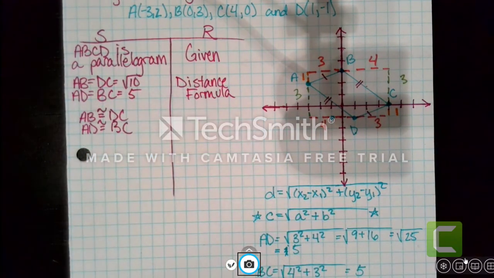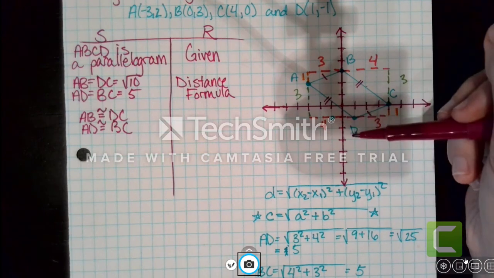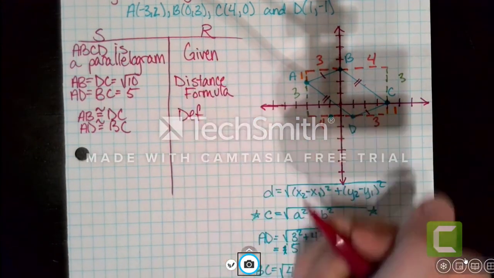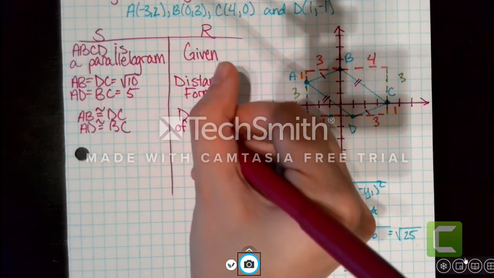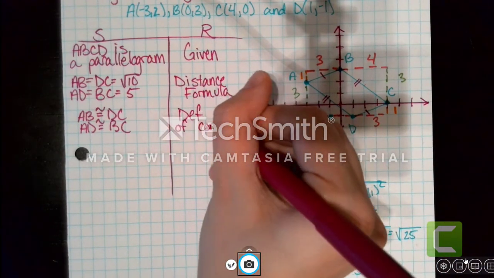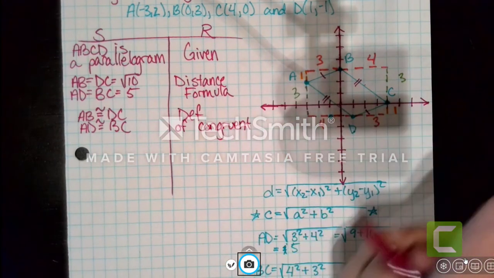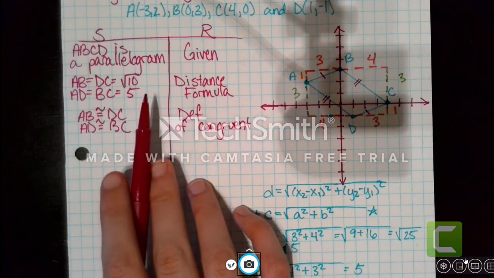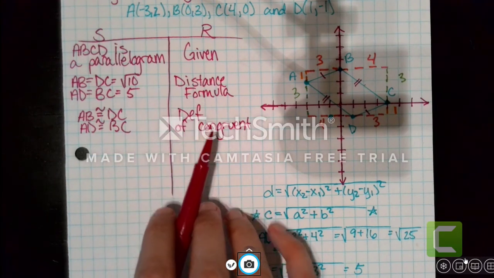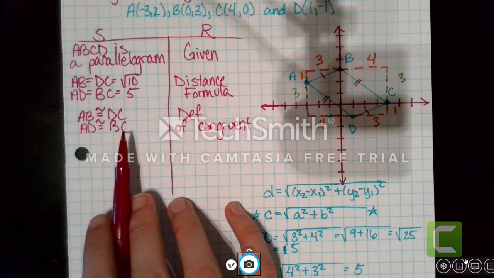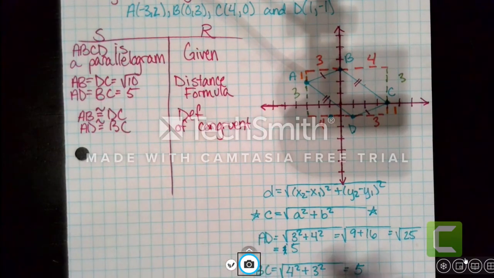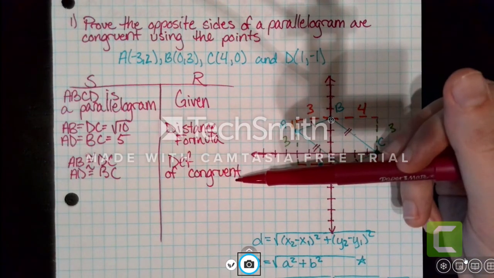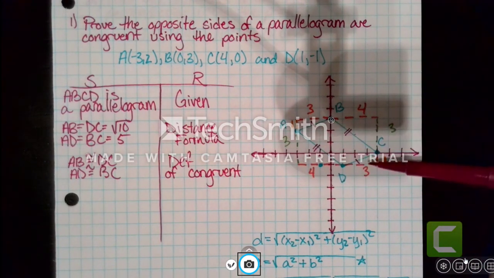And since their measurements are both equal, we can claim that they're congruent by the definition of congruent. Again, if we are applying the definition of congruent using what we know about their measurements, we can use congruency to claim the final statement. And taking a look here, we've just proven in a formal way that every opposite side is congruent to each other.